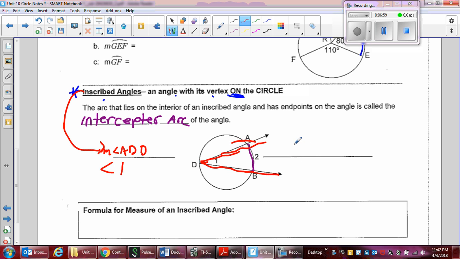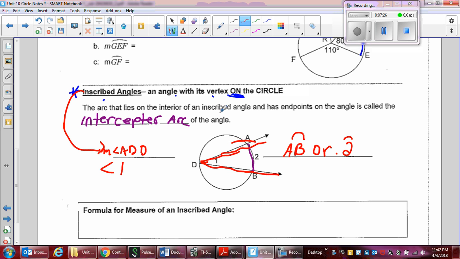And then arc AB, the arc labeled as number 2, is going to be the intercepted arc. The inscribed angle is the angle that is inside a circle. The intercepted arc is the arc that is being cut.